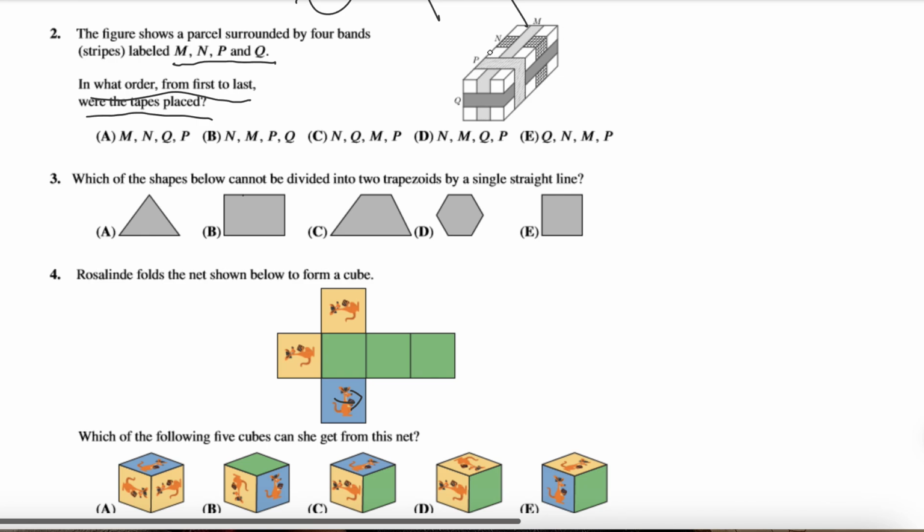And if the tape is placed on top of all the other tapes, then it's placed last. So first, let's see which tape is on the very bottom. N is on the very bottom because it's under M, it's under Q, and it's under P, because P is above M and M is above N. So that means N is placed first.